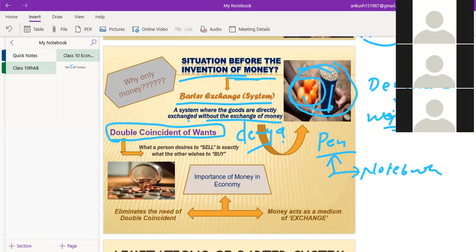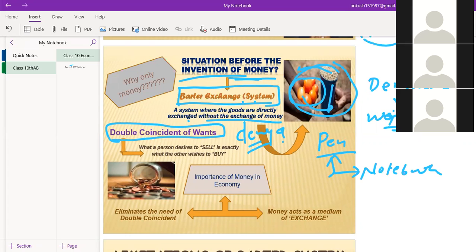But what about in the ancient time? Was there any system? Yes, it was a system called the barter system. This is the barter exchange, a system where goods are directly exchanged. Suppose I wanted to have the biscuit packet in those days, I would have to give him something else.